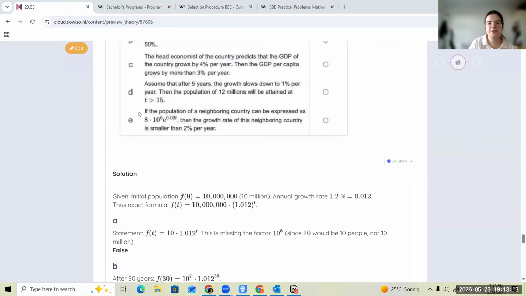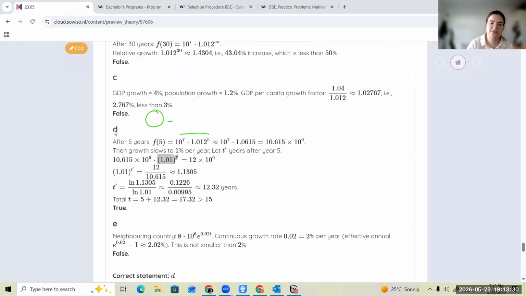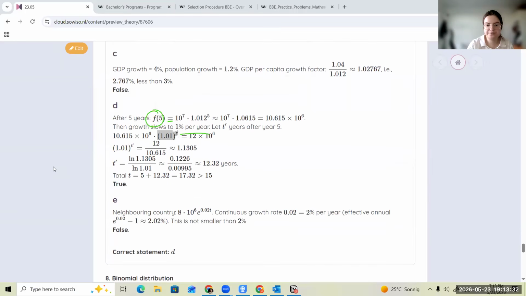Then the last statement is about the continuous growth rate. So you have 8 million, whatever, this doesn't matter. This is the beginning value. It plays no role in the growth rate. Then the growth rate of the neighboring country is smaller than 2% per year. This is a continuous growth rate of 2%. A continuous growth rate of 2%, if you want to do it in discrete terms, would actually be 2.02.